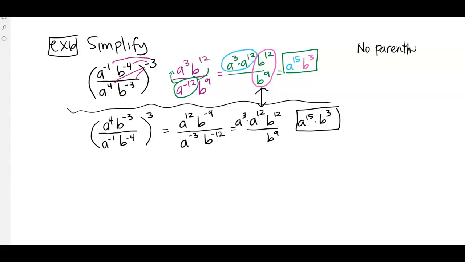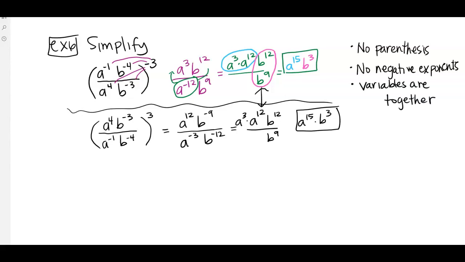So no parentheses, no negative exponents, and that your variables are together. Right? So on this, we don't have any negative exponents on this last part.